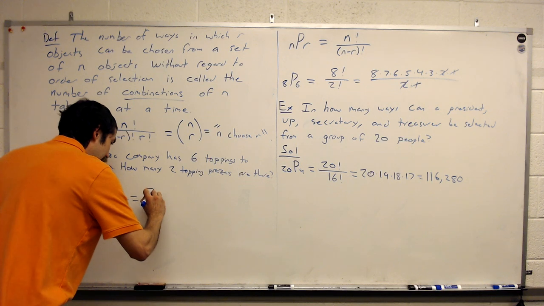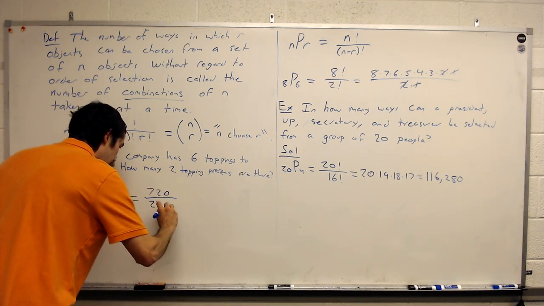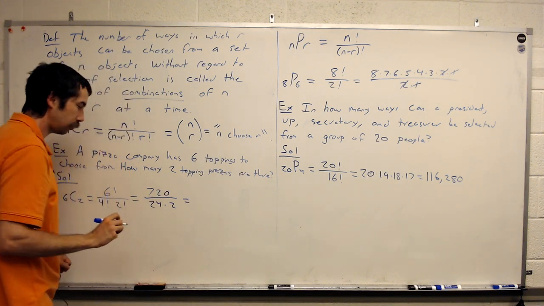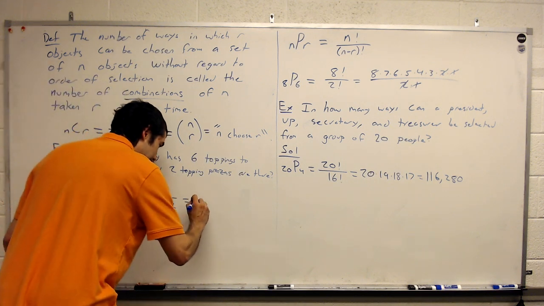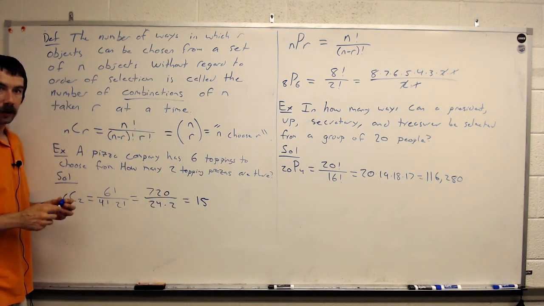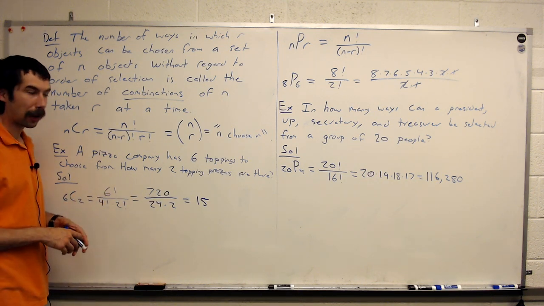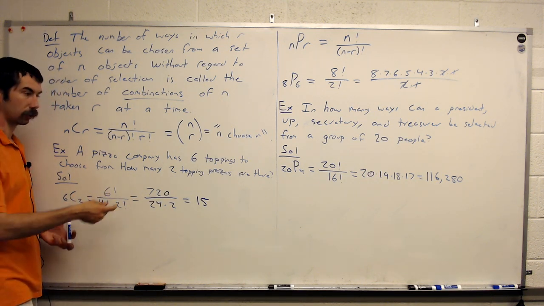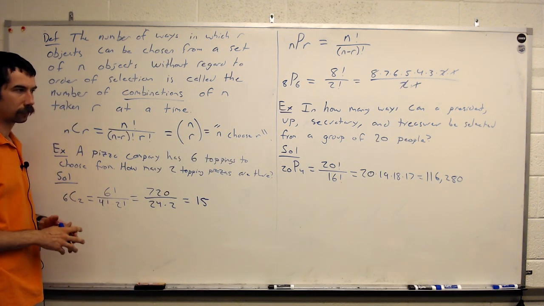So this is 720 divided by 24 times 2. You could type this into a calculator, or you could just believe me that this value is 15. And this would extend to however many toppings the pizza parlor offers. So maybe there's 20 toppings, we would still use this combinations rule.